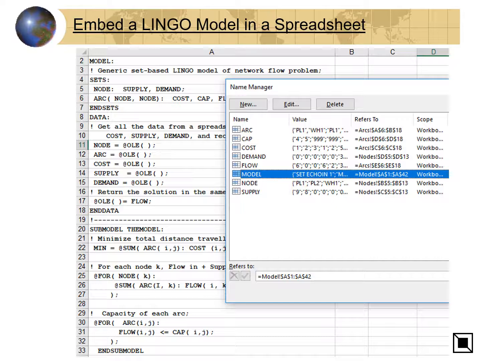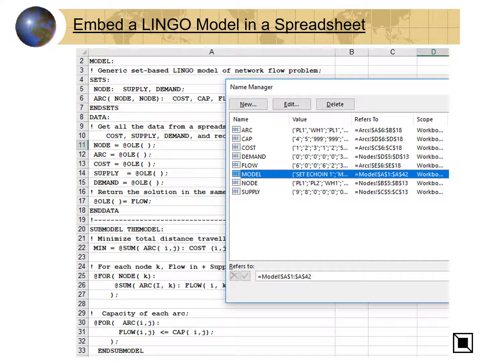And this is what the embedded model looks like. It's a standard LINGO model, and it's simply stored on a tab of the spreadsheet, and it has some statements in it around lines 11, 12, 13, and 15 to retrieve input data from the current spreadsheet, and then in line 17 it sends the solution data, the flow data, back to the spreadsheet.